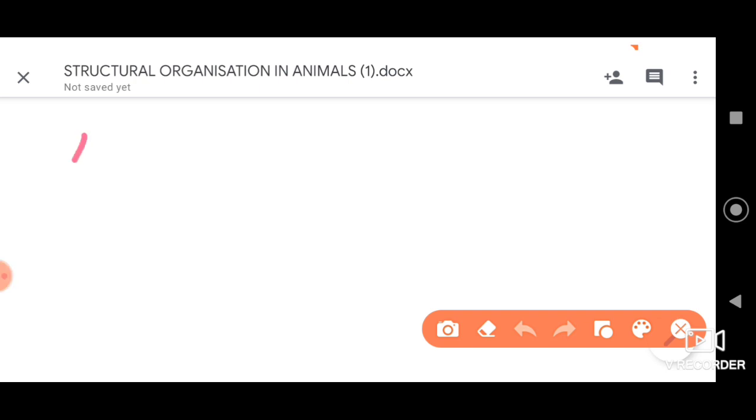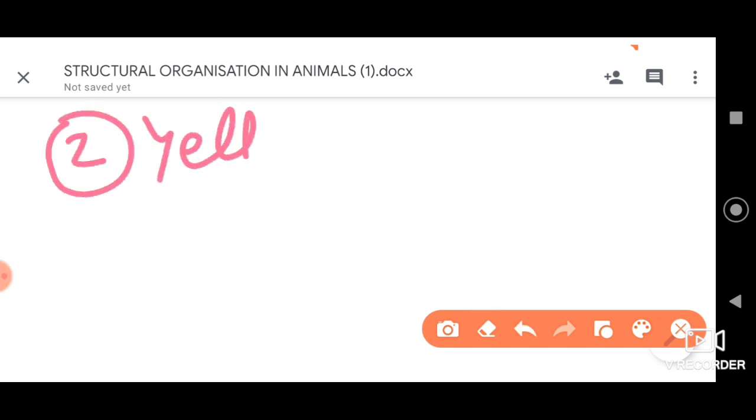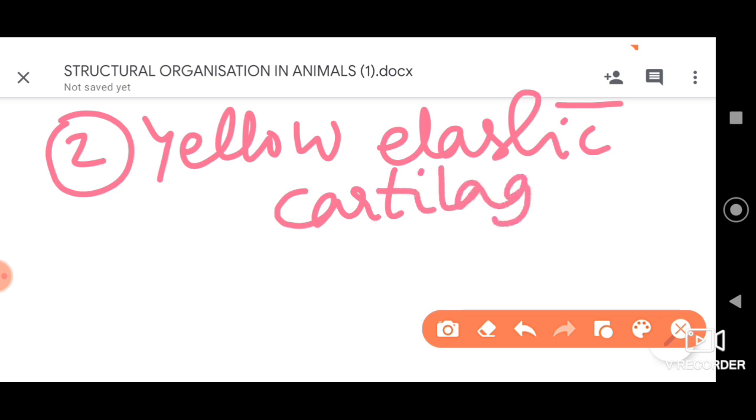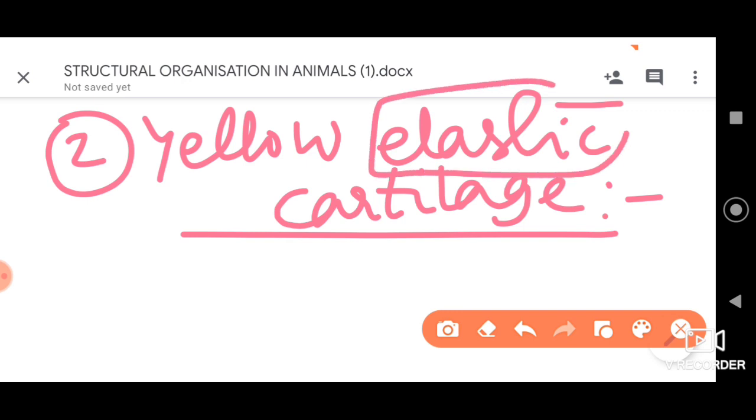Secondly, we have yellow elastic cartilage. Sorry, not fibroelastic. Dear students, let me first and foremost tell you that the word itself refers to elastic.